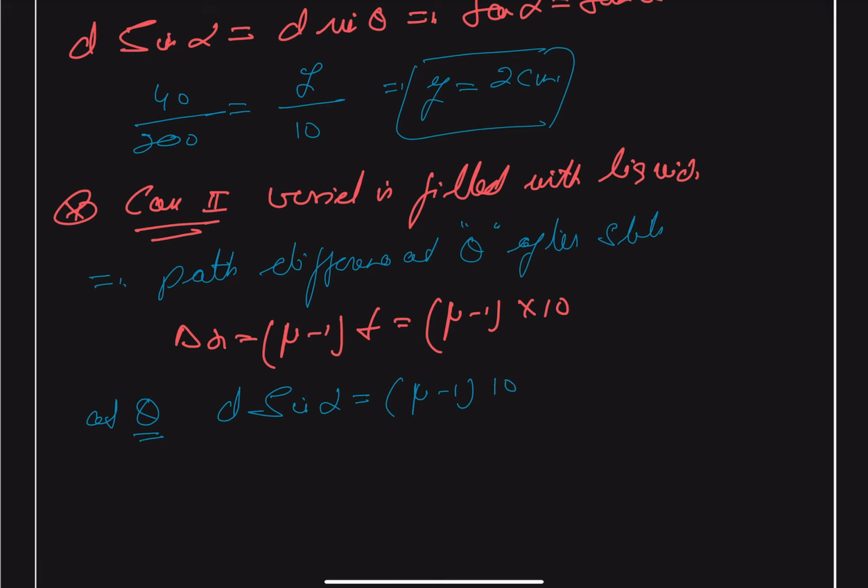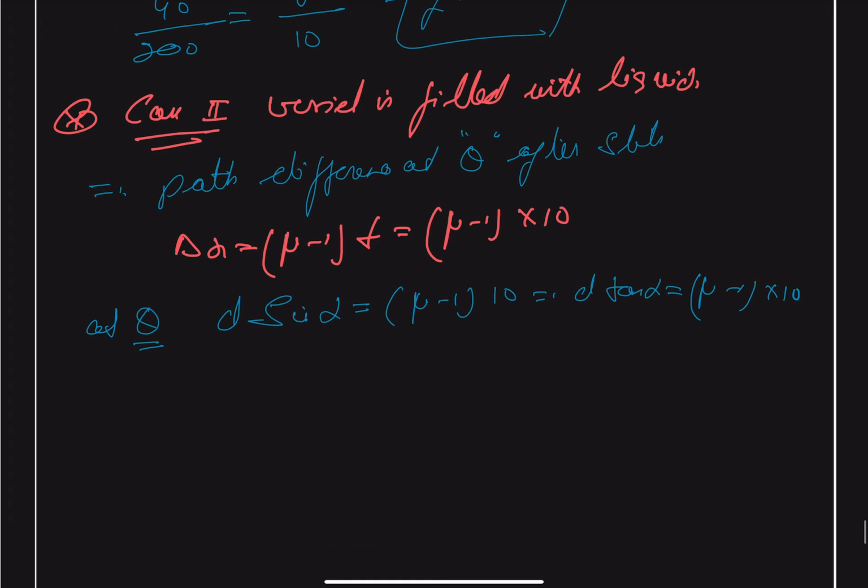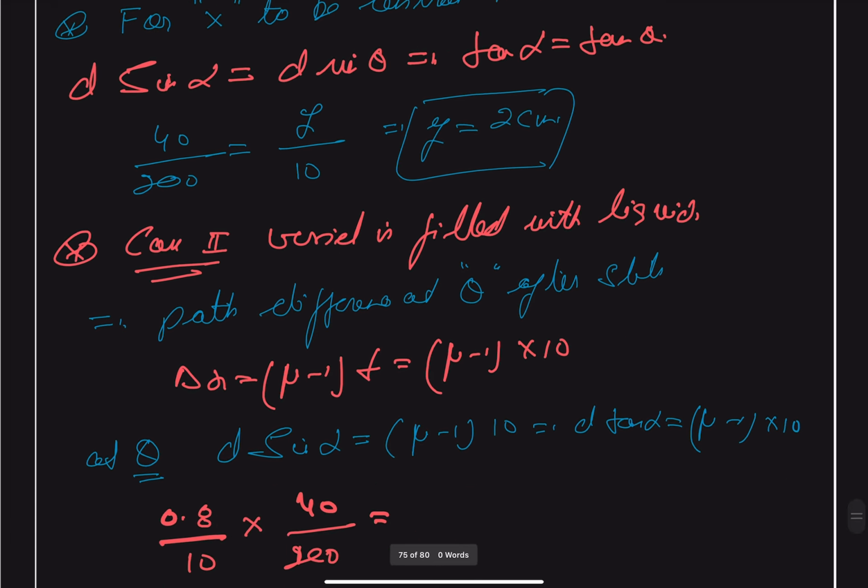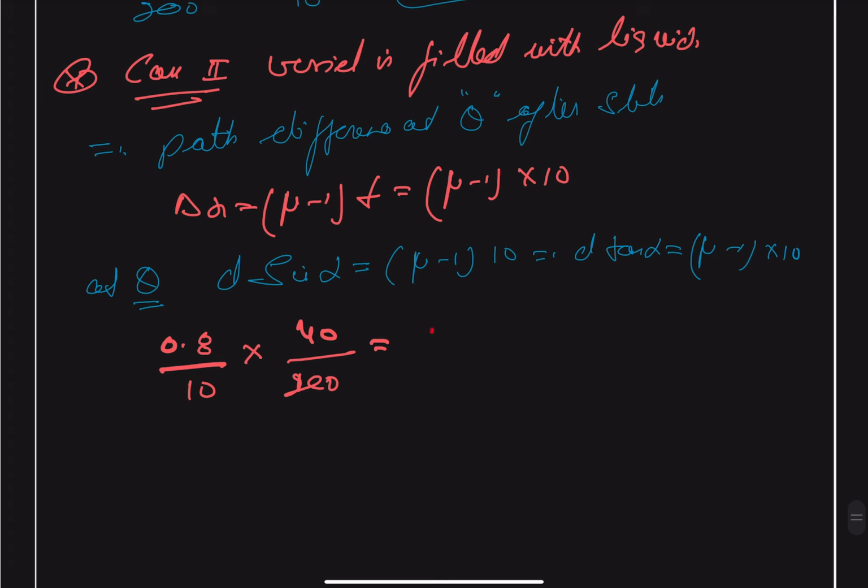Or we can just write it as d tangent of alpha will be equal to mu minus 1 multiplied by 10. So we substitute the values, we get this as 0.8 divided by 10 into 40 divided by 200, and mu minus 1 into 100.